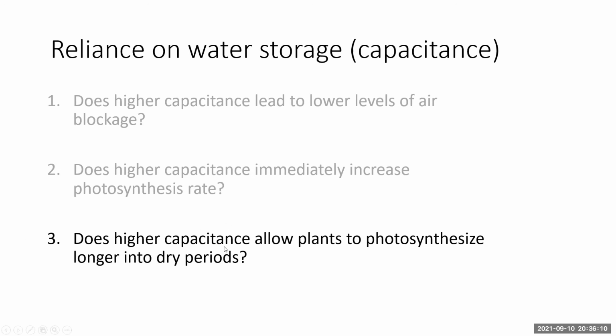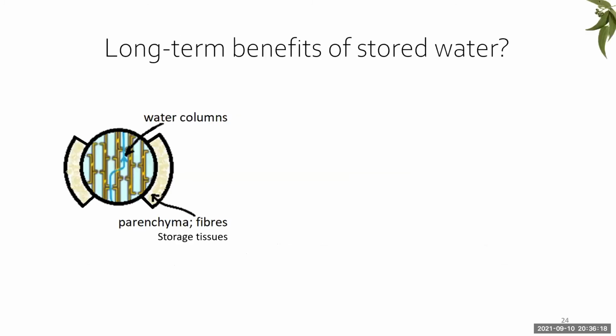If higher capacitance allowed plants to photosynthesize longer into dry periods. To look at that, let's assume a species has more stored reserves of water, and these reserves are mainly coming from the parenchyma and fiber and other storage tissues.